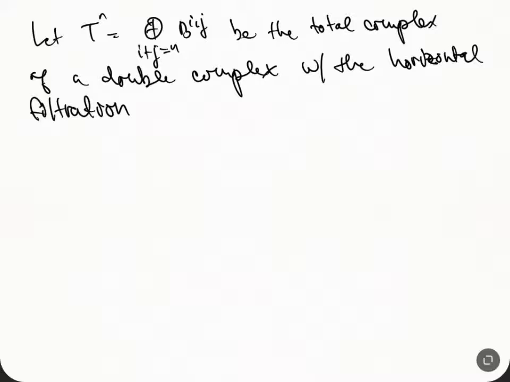And we'll call it F_q of T_n. This is going to be defined to be equal to the direct sum of the B_ij's, where i plus j is equal to n as usual. And then we're going to say that j must be bigger than q.